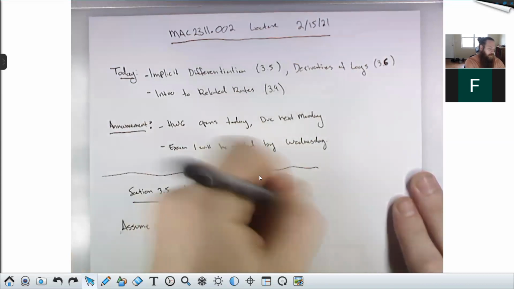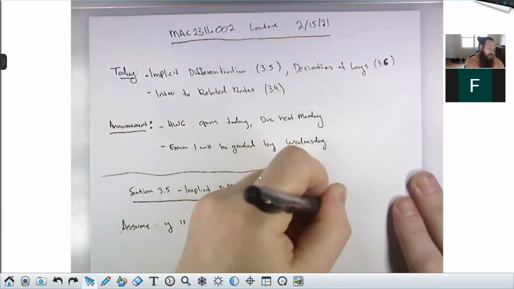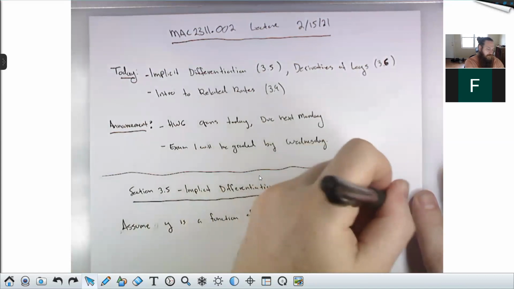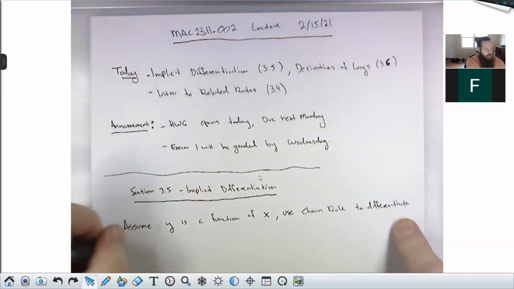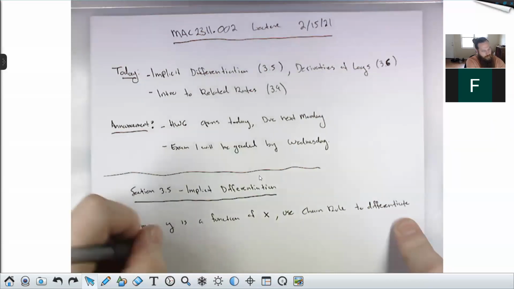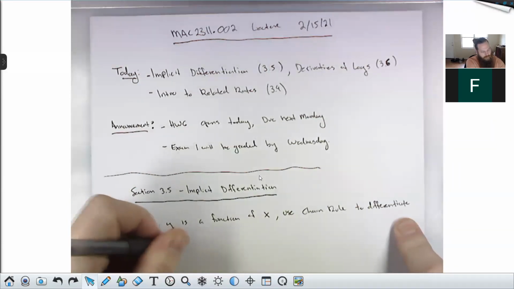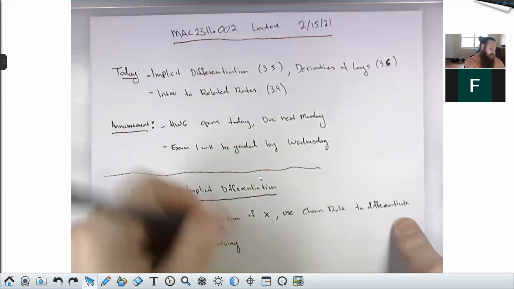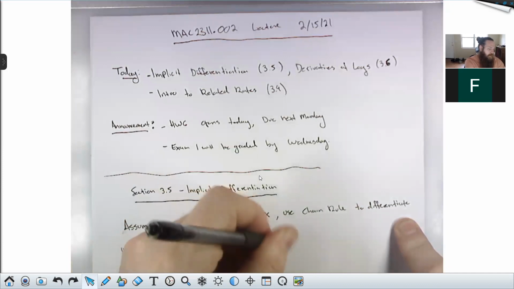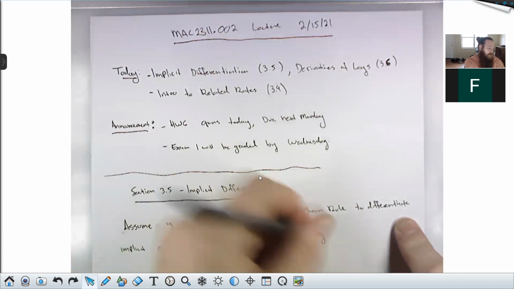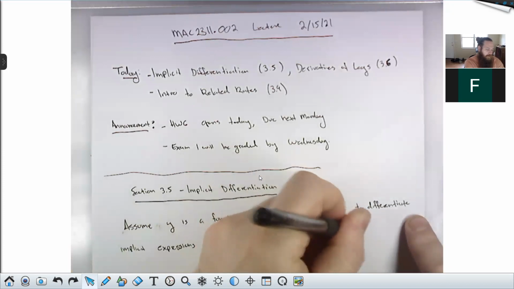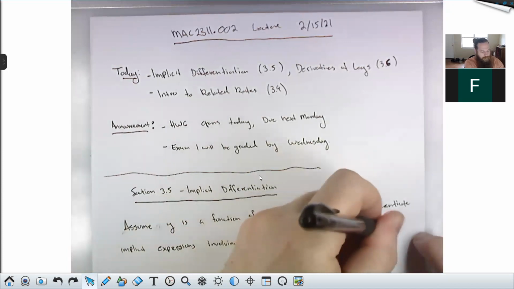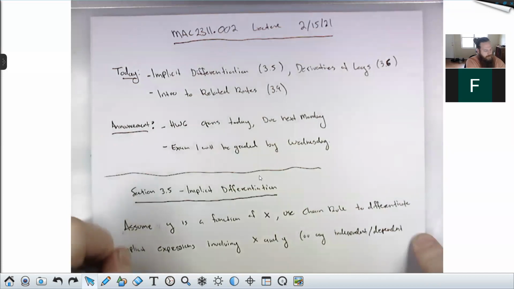And then we can use the chain rule to differentiate what are called implicit expressions involving x and y. Or any independent/dependent variable pair.